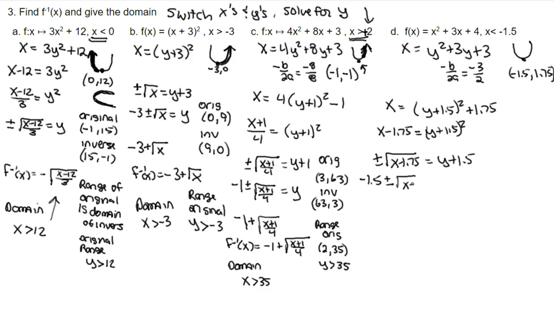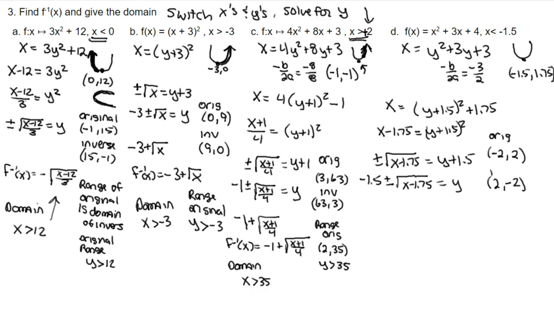And so again, I run into this question of whether it's plus or minus. And again, the pattern is true. If it opens up and we're looking at the less than side, then it's going to be negative. But go ahead and try this. Plug in a point that we know is in the original. A number that's less than negative 1.5, like negative 2. If I put a negative 2 in there, a 2 comes out.